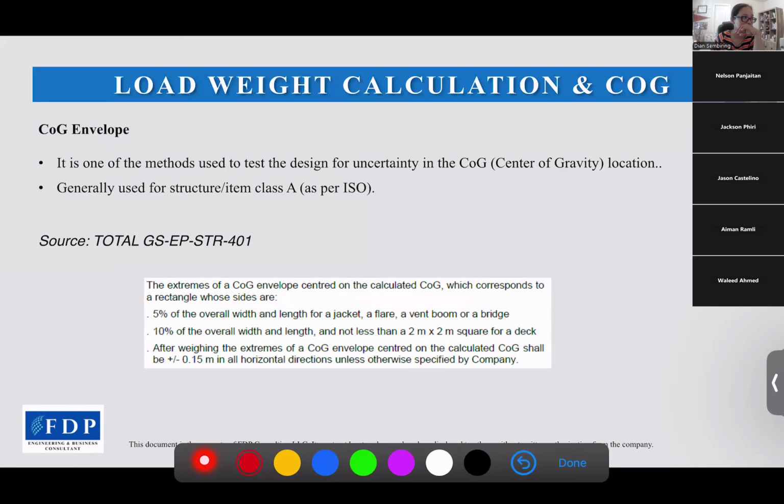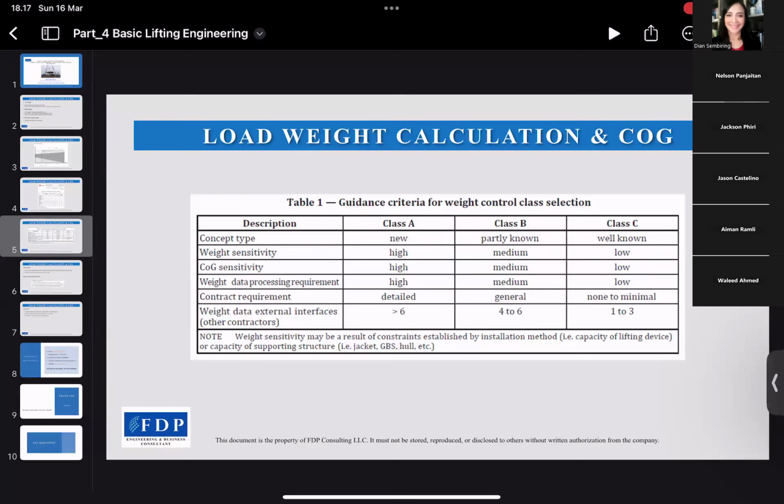COG envelope is one of the methods used to test the design for uncertainty in the COG, generally used for structure item class A as per ISO.